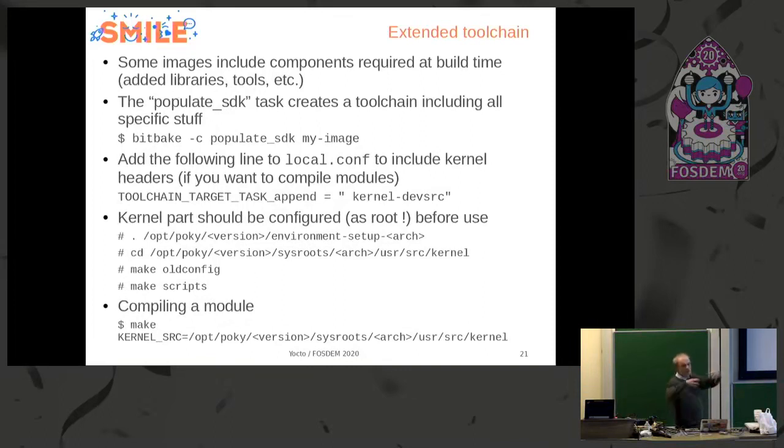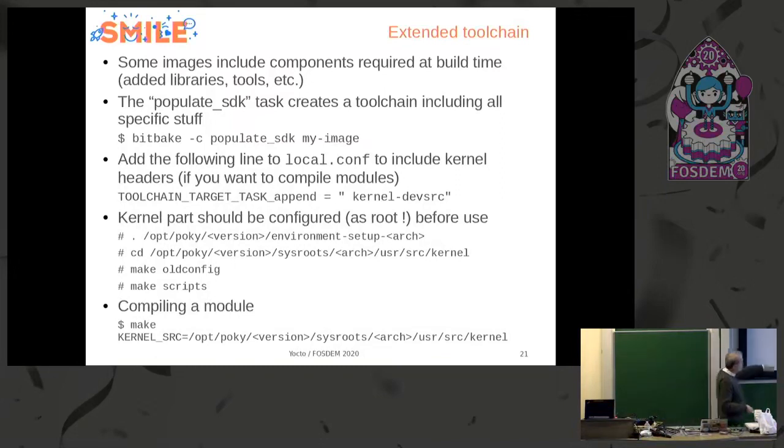For that, you create an image, for example an image including Xenomai, and you use the populate SDK function to get the SDK, which includes the same libraries as the image. And you can also include the kernel sources if you want to develop kernel modules with the SDK, so you can do everything outside Yocto.